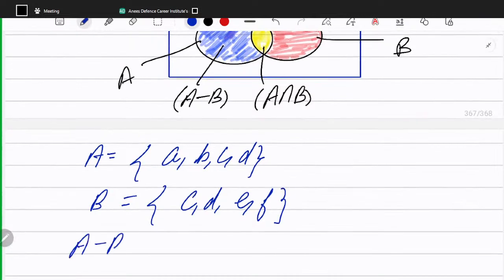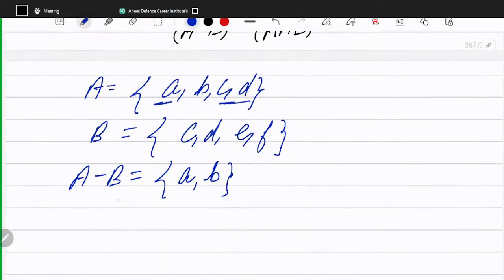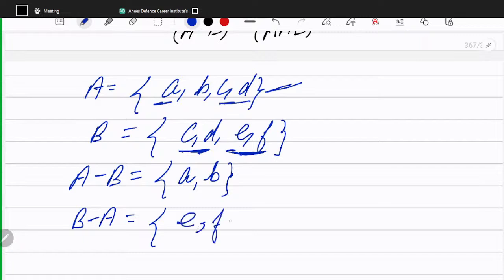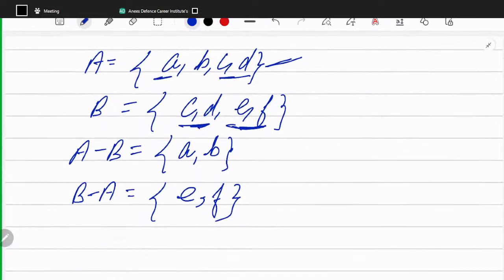If you want to find the value of A minus B, then A minus B means those elements which lie only in A, not in B. A and B lie only in A, C and D lie in both A and B, so we cannot take C or D. Therefore, A minus B is A, B. If I want to find the value of B minus A, then those elements which are present only in B, that is E and F. C and D lie in both sets A and B. Therefore, B minus A means E comma F. This is the difference of two sets.